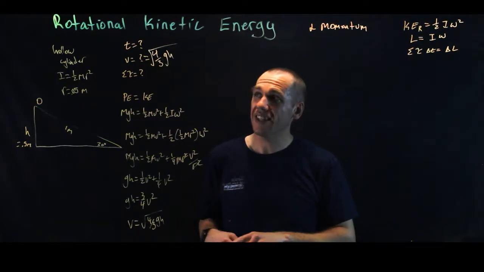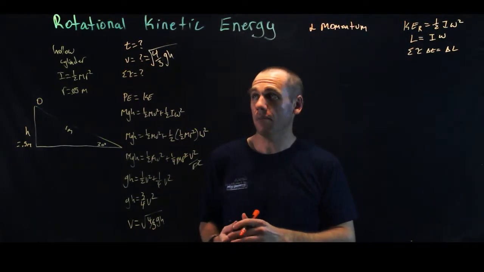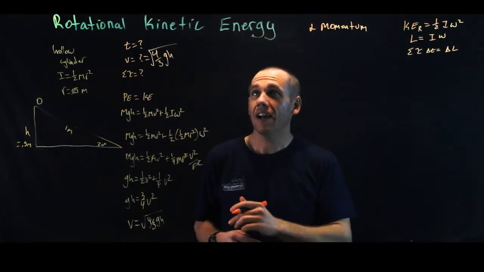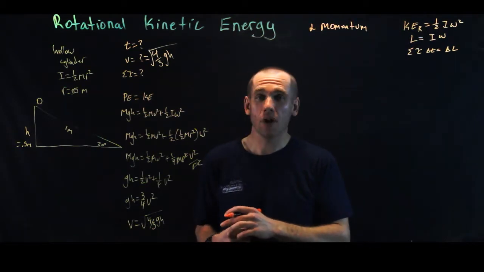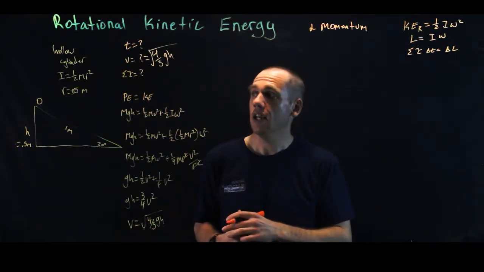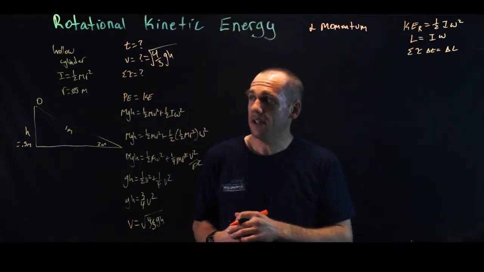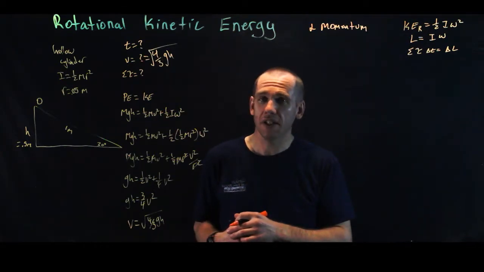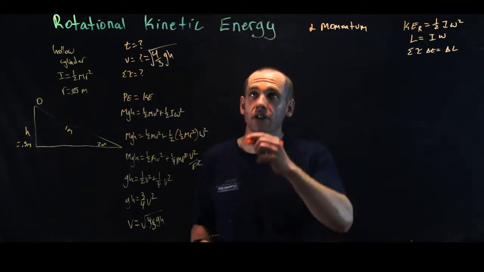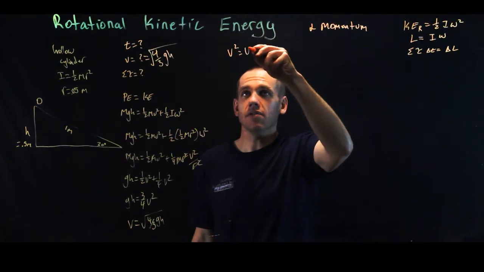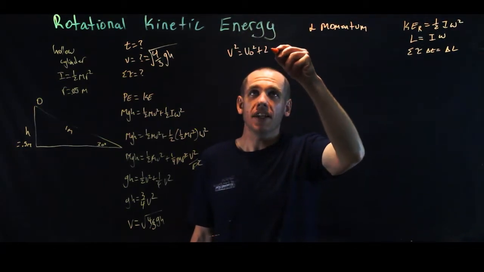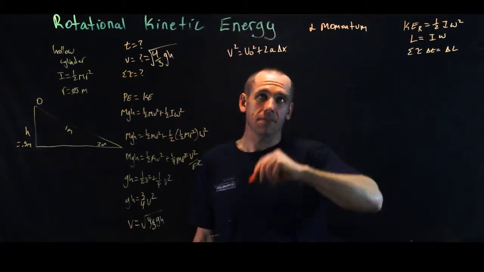I also want to get the time it takes for this thing to get to the bottom. So for that, I've got two equations that involve time: delta x equals 1/2 at squared plus v naught t, or v equals v naught plus at. Both of those involve acceleration, so I need the acceleration. I'm going to start with that. So v squared equals v naught squared plus twice the acceleration times the displacement.